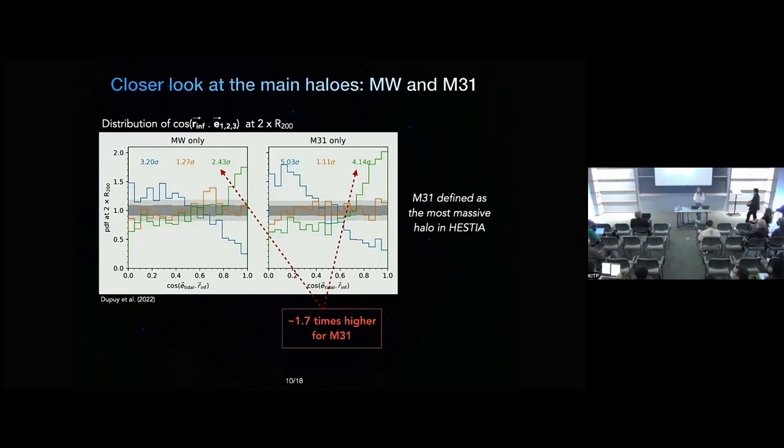I guess it's related to the fact that HESTIA is a constrained simulation of the local universe. And when you showed the direction of infall for both Milky Way and M31, you said you would have folded it into one octant, but that seems like you're throwing away a little bit of information, because in principle, for example, there should be a filament connecting to Virgo, and there are probably the local voids on either side.